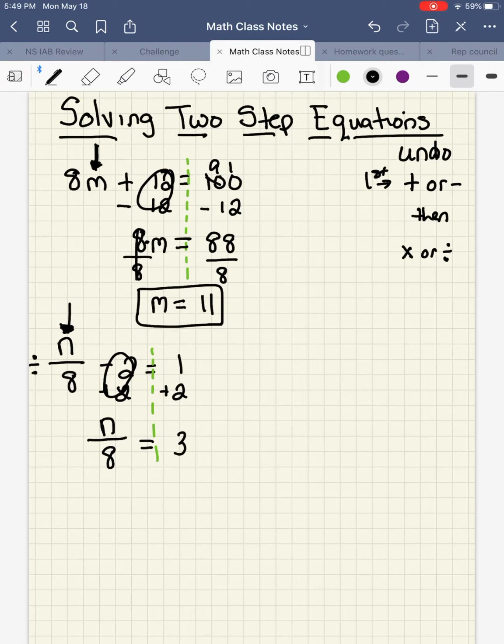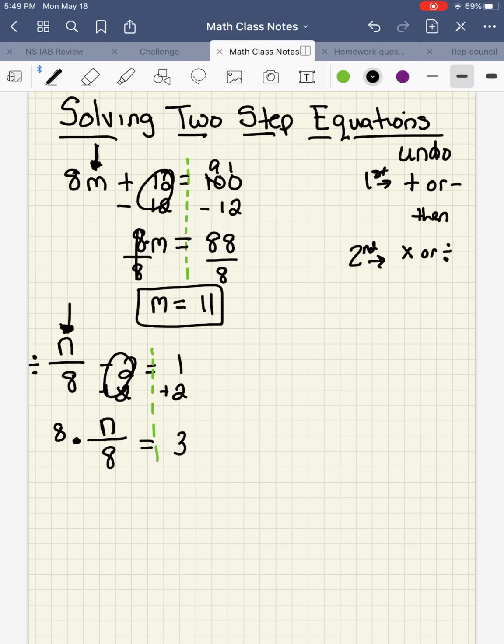So now we have our second step, which is to undo the multiplication or division, and in this case it's division. How do we undo division? Well, we do the opposite of divide, which is multiply. So times 8, because again the 8 is the number that we want to go away. It's weird, it just happens to be the same number.